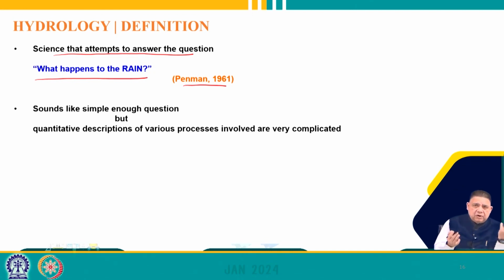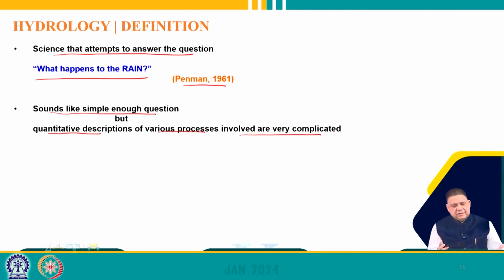So, basically we all know what happens to rain, and that is why it sounds like a very simple question. But the challenge is in quantitative description of various processes that are involved in this entire phenomenon, and these are very complicated basically.